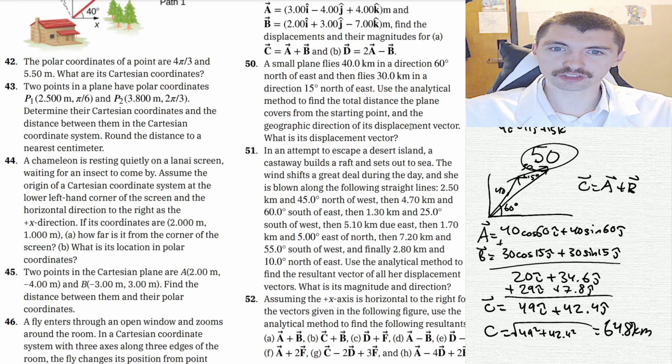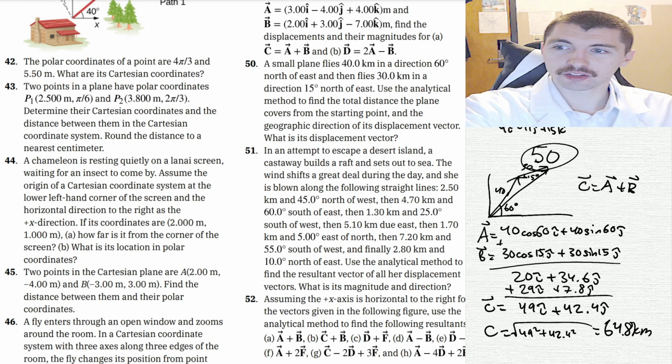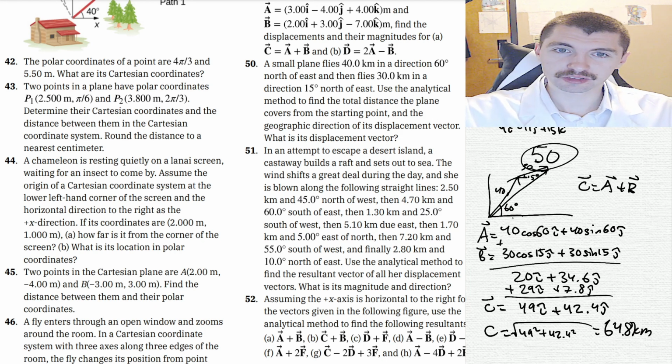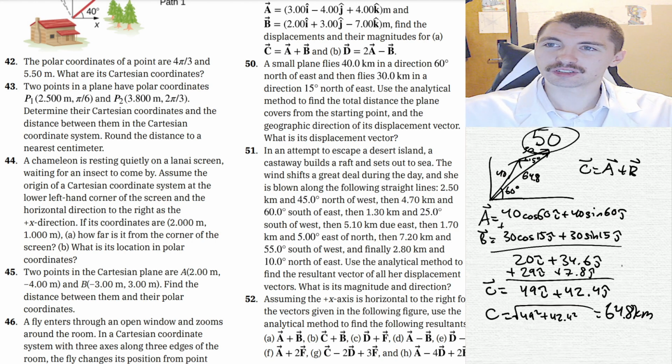Okay, and they want the geographical distance. Okay, so this might be a little tricky. 64.8. So they want the direction of this.